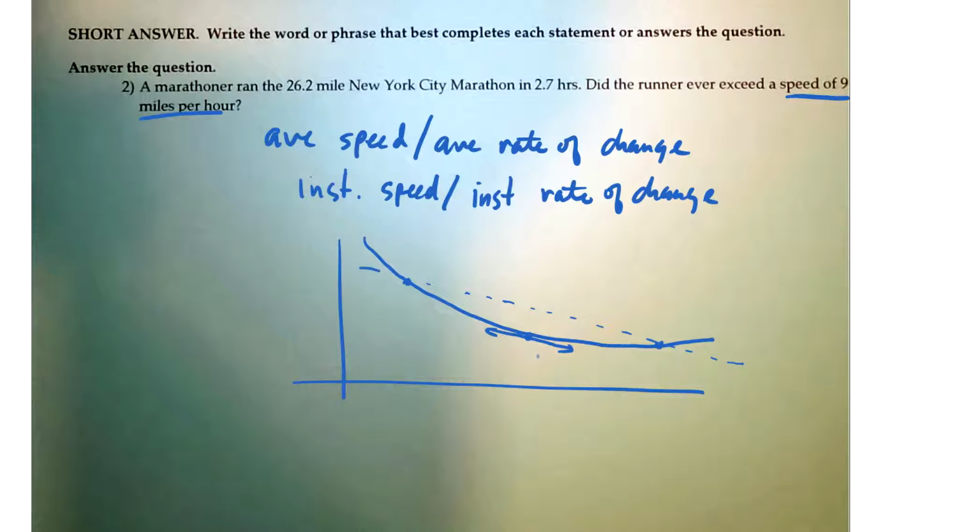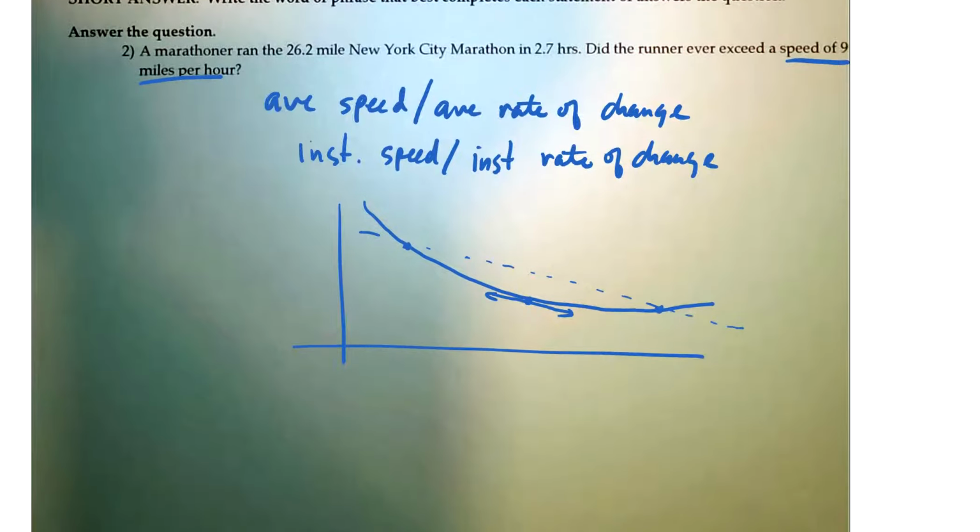You definitely can see it on this graph, but intuitively you can see it for speed. If somewhere in this marathon, the average speed, I should say, and we need to specifically say the average speed of this runner is 26.2 miles divided by 2.7 hours, which is 9.7 miles per hour.